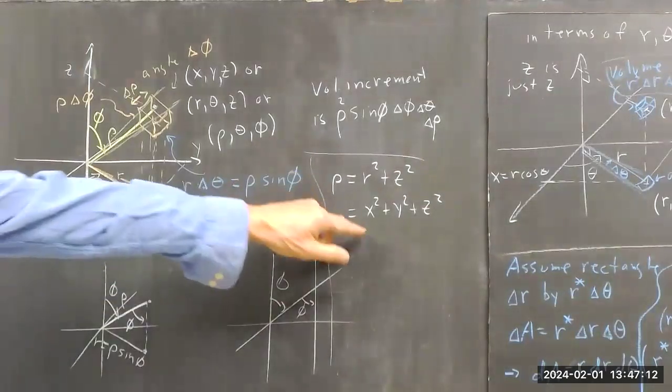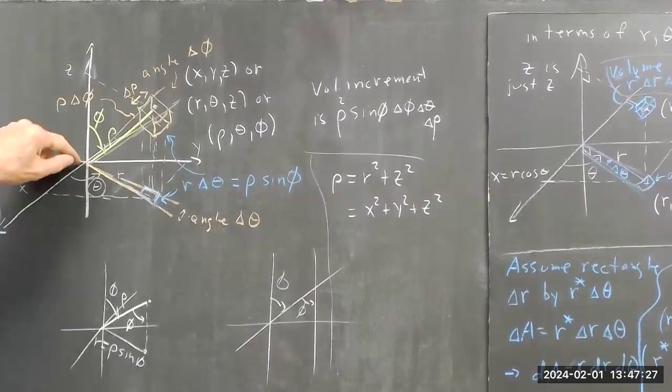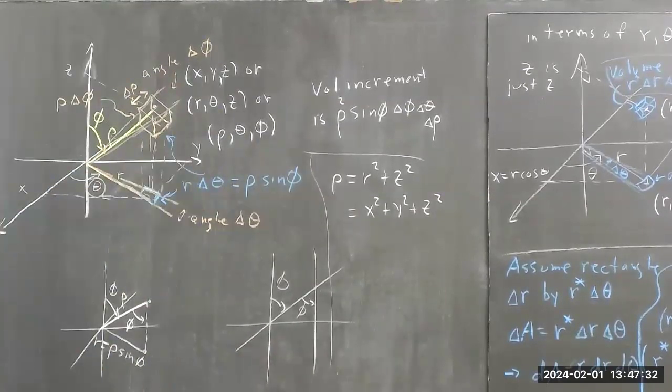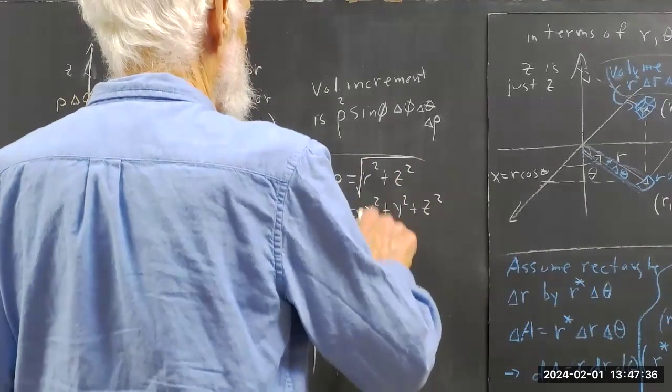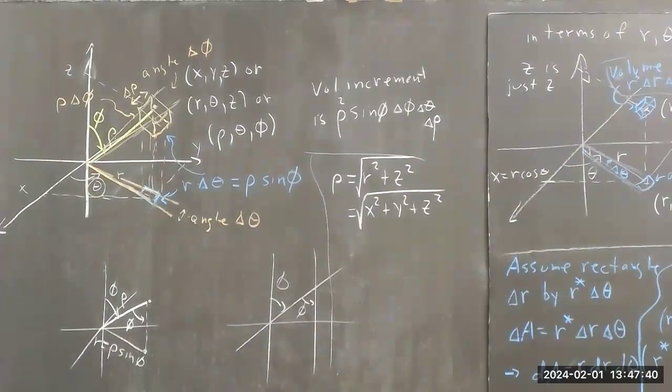So you can get rho easily enough from x, y, and z. That's pretty simple. We saw that in the very first example. The distance from the origin to the point x, y, z is the square root of x squared plus y squared plus z squared. And I didn't put my square roots in there. So now it's right.